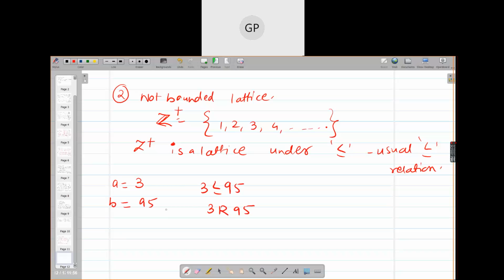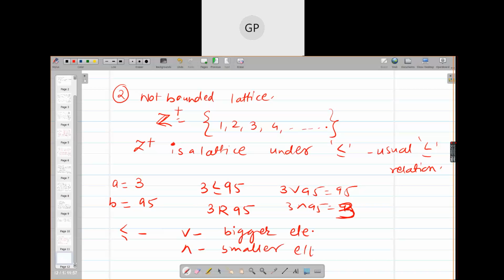If you take the join and meet of 3 and 95, 3 join 95 will be 95 and 3 meet 95 will be 3, because in the usual less equal relation, we saw that join means the bigger element and meet means the smaller element. We saw this in examples.